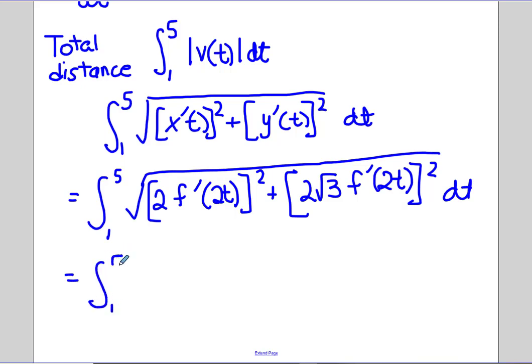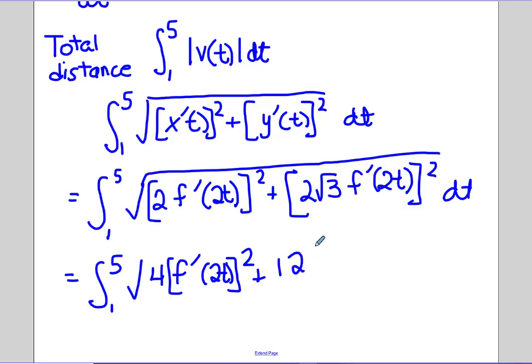So from 1 to 5, we've got 4 f prime of 2t. Pull that 4 out, squared. And let's see, this could be 2, that's 4 times 3, that's 12. We can pull the 12 out. And f prime of 2t squared. That's convenient.